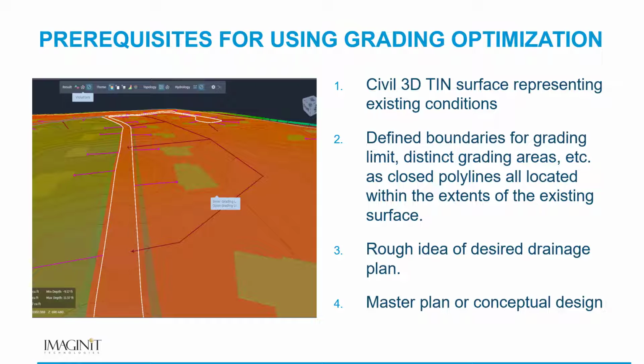This allows me to just change the conceptual, add a new area, and come up with an entirely new grading scenario on the fly. Depending on the size of it, you could run it for a couple minutes, or it could be a few hours if you really want fine detailed grading.